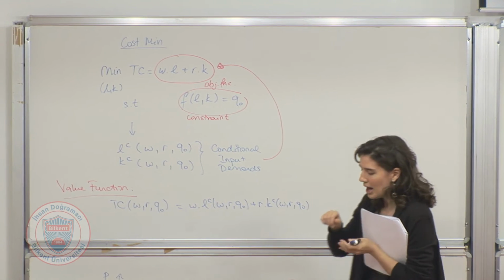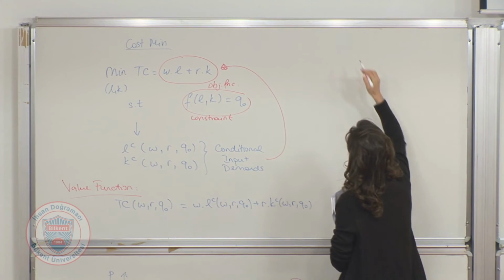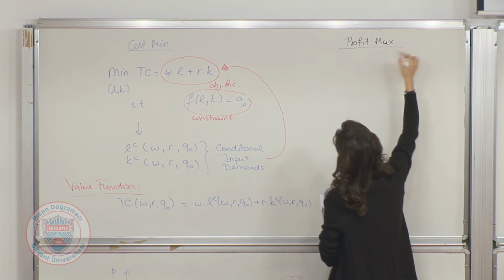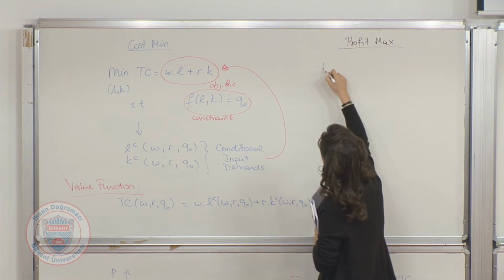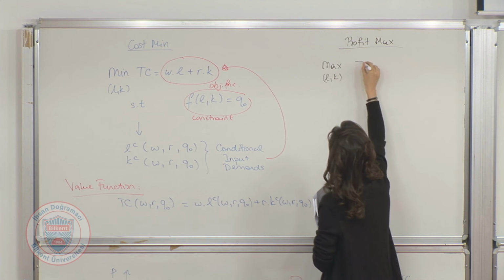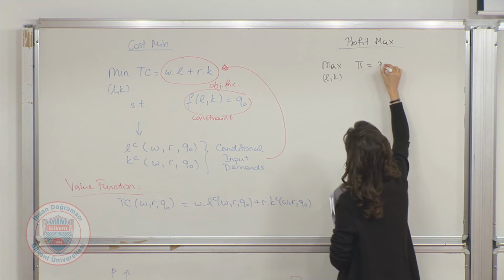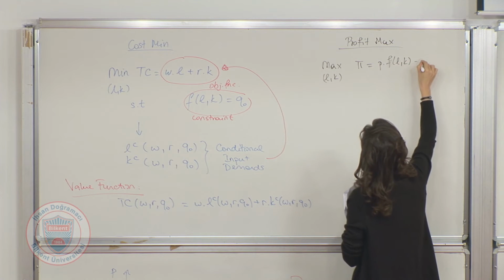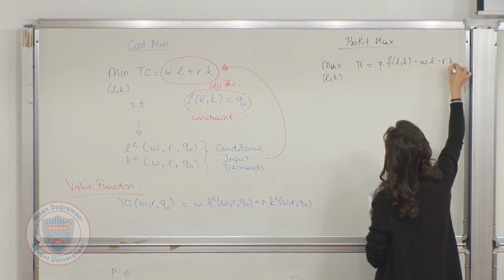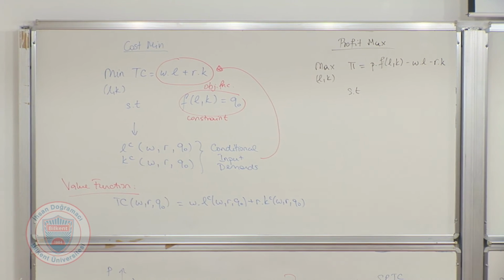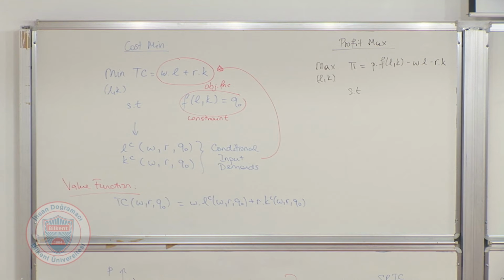So here let me put this so that we would have our table. Here I'm going to write down the profit maximization problem. Now I have: maximize, with respect to L and K, profit, which is P times Q, and instead of Q I write F(L, K), minus wage times L, minus R times K. Subject to what? None. It was a tricky question.